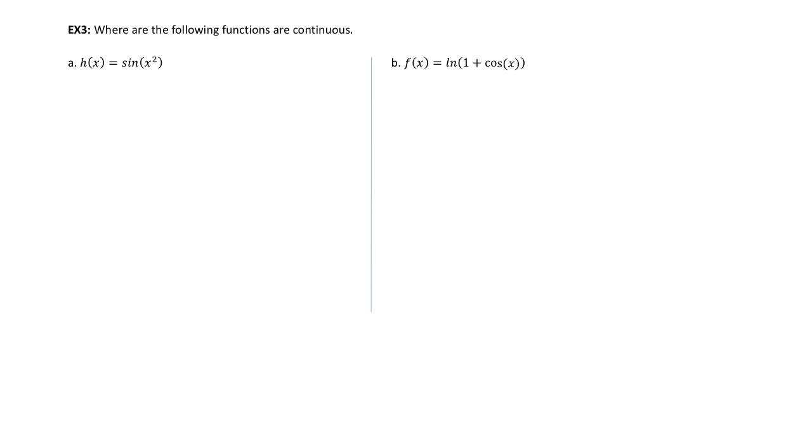So why don't we start breaking the function apart? Let's start from the inside out. The inner function here happens to be x squared. So we know that x squared is continuous. We already know, as a polynomial or as a power function, x squared is continuous, and you never have to convince me of that again. x squared is continuous in its entire domain, all of the real numbers.